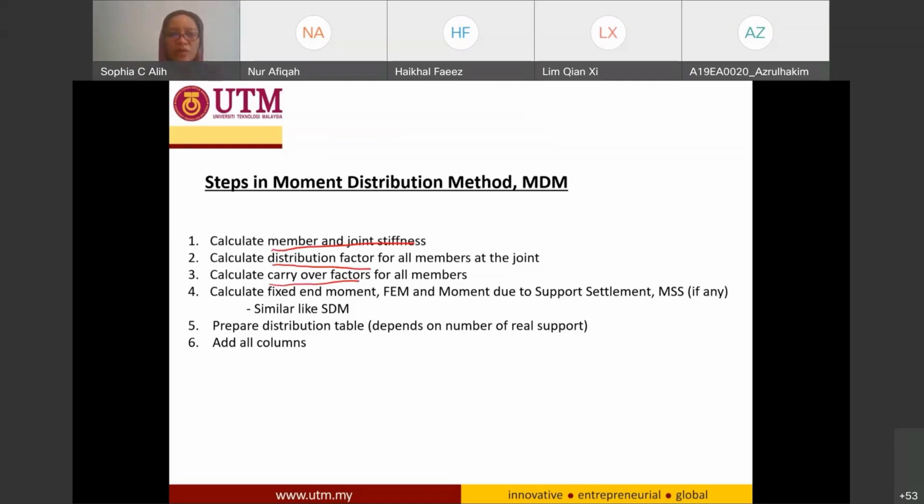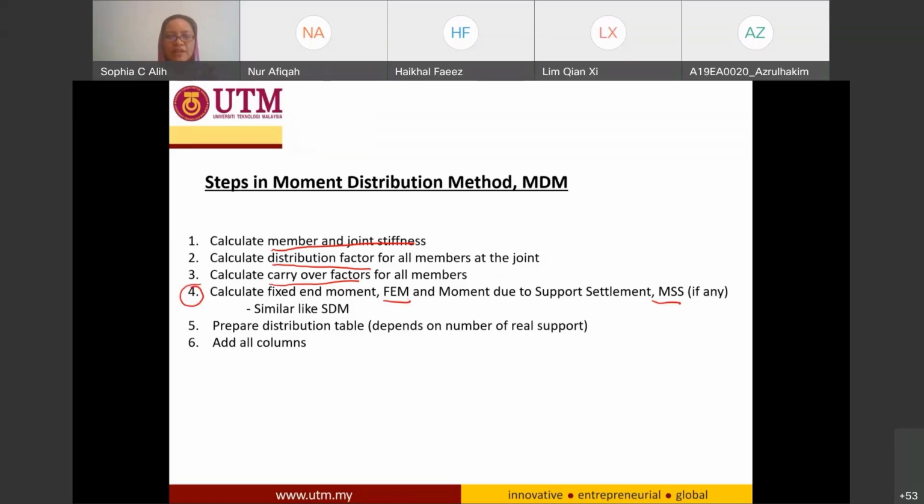And then you have to calculate the fixed end moment, or if any settlement happens, you also need to calculate the moment due to support settlement. This step is exactly the same as the one that you have already learned in your slope deflection method. So there is no difference.